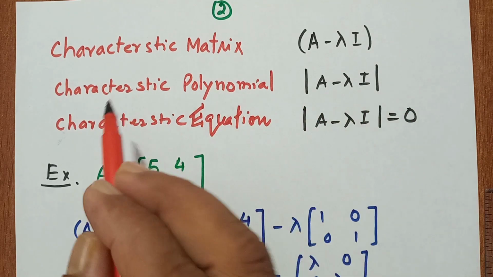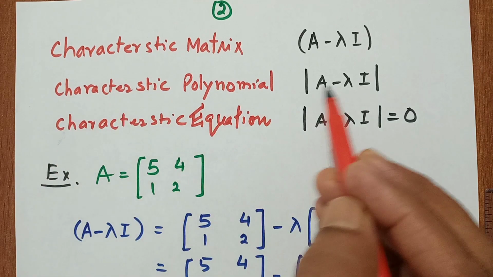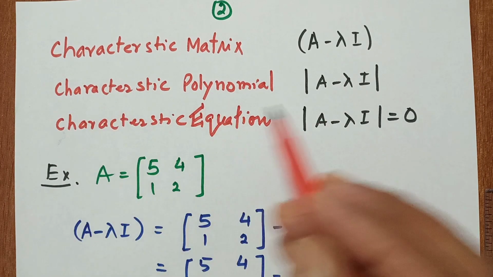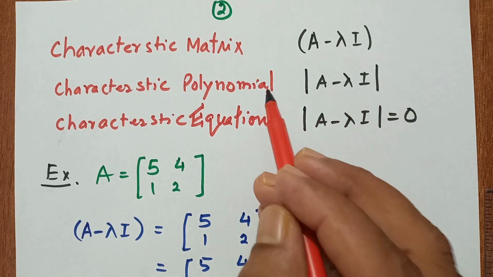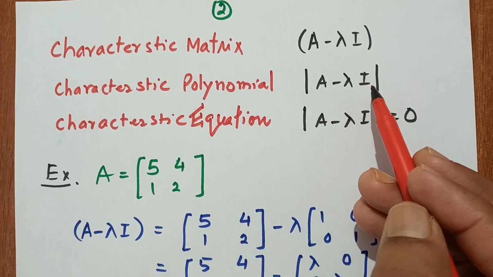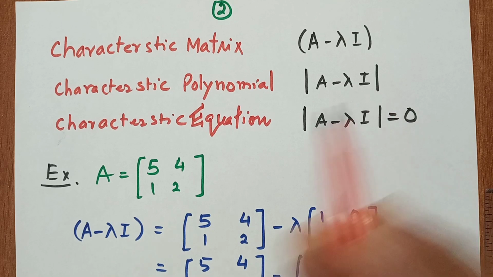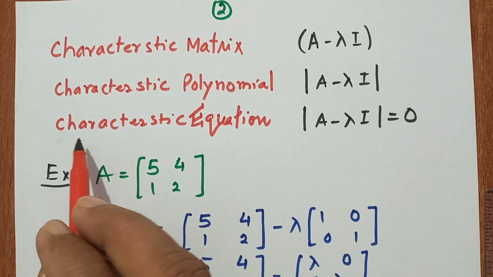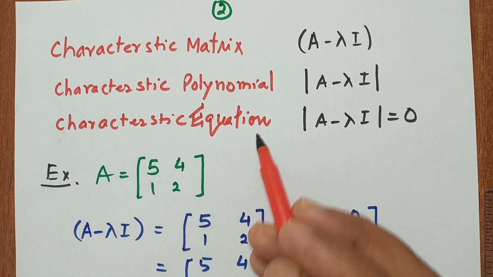This is called the characteristic polynomial. And if the polynomial is set to 0, that is, this determinant equals 0, then this is called the characteristic equation.